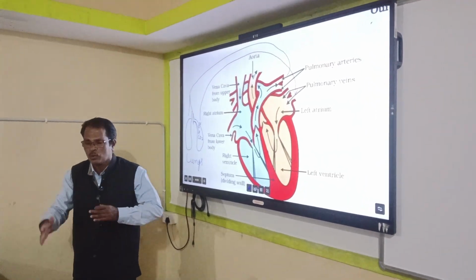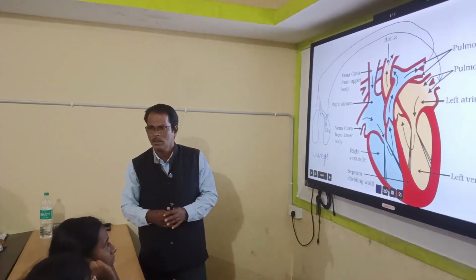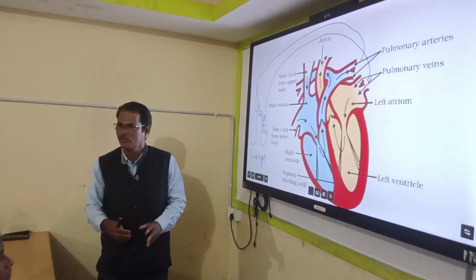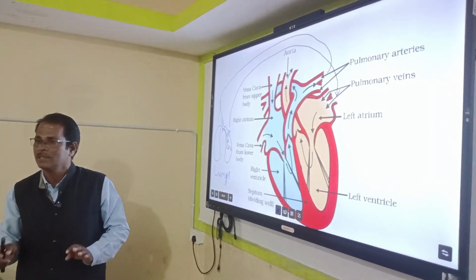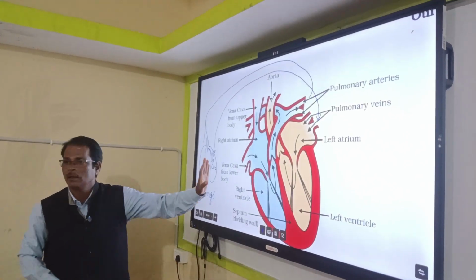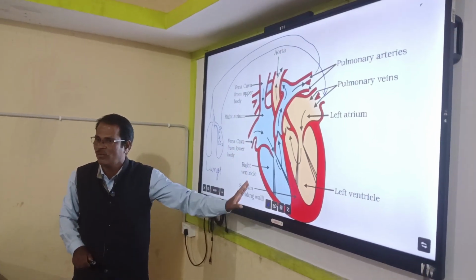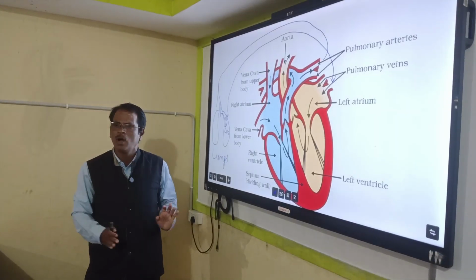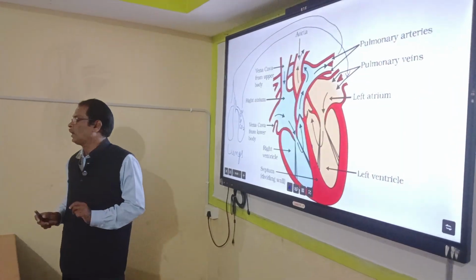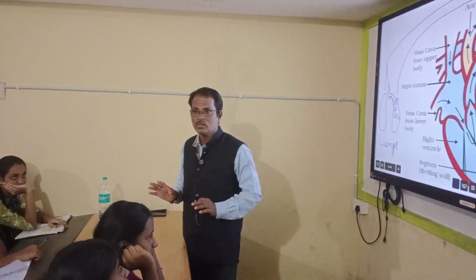This is a continuous process. It does not stop for 10 minutes of rest after 1 hour. No, not even a single minute. This blood moving from the left ventricle to all parts of the body is not going to stop. It goes on working, so the heart is working 24 by 7.